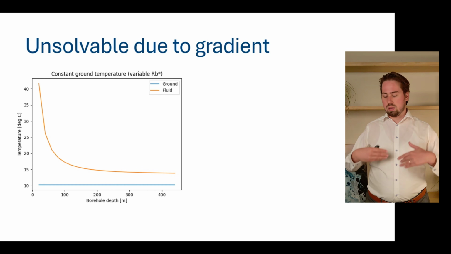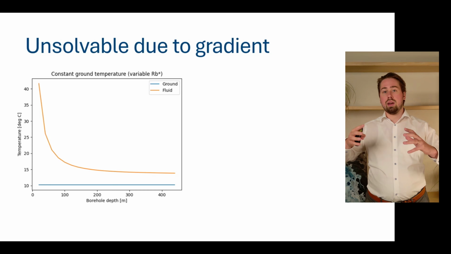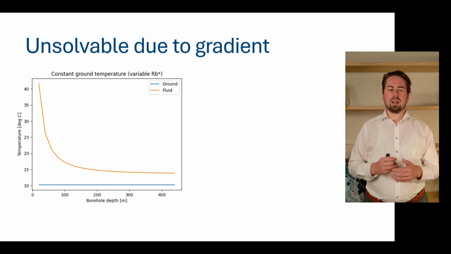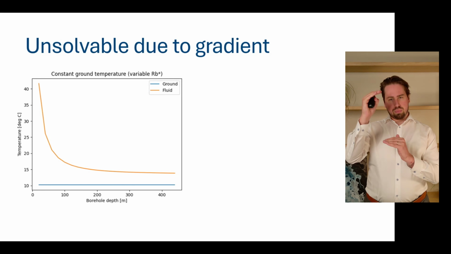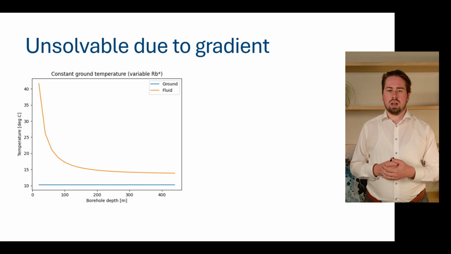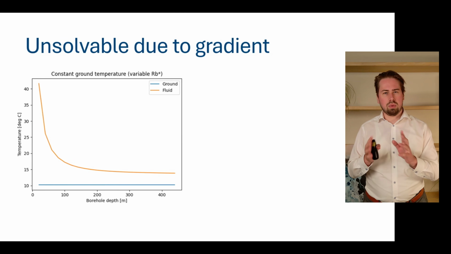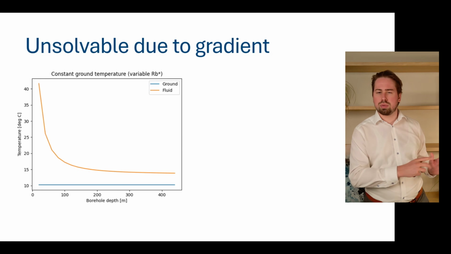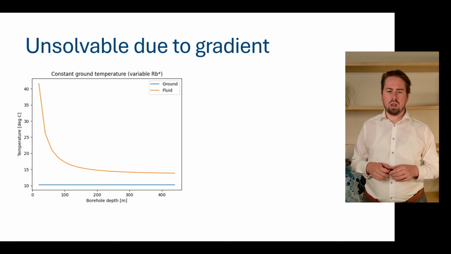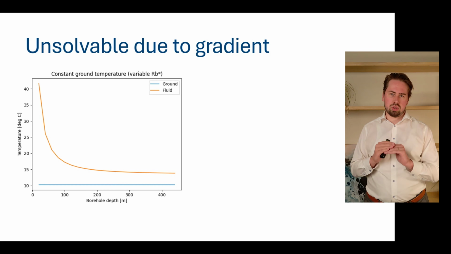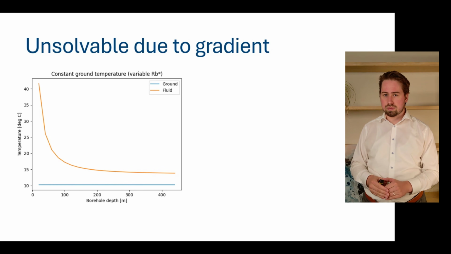This is because when you're drilling deeper, we have less power per meter borehole, lowering the fluid temperature, bringing your fluid temperature closer to the ground temperature. Now, you see here a certain difference. That's a technicality due to the way the borehole resistance is calculated. It's in the textbook if you want more details about that. But basically, the deeper you drill, the closer your fluid temperature comes to the ground temperature.